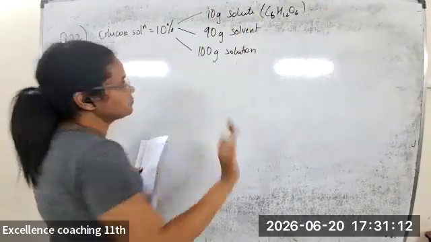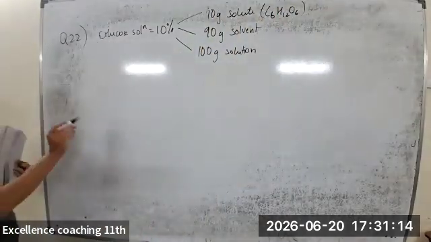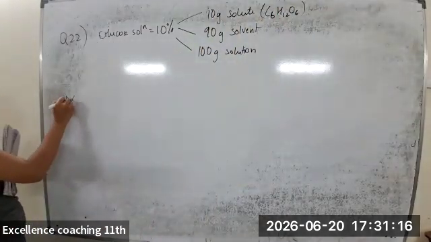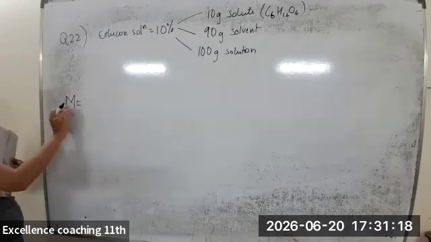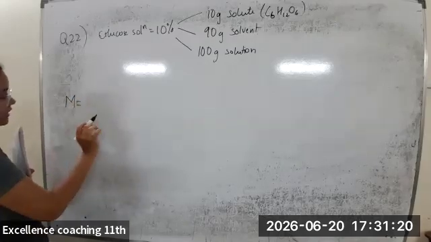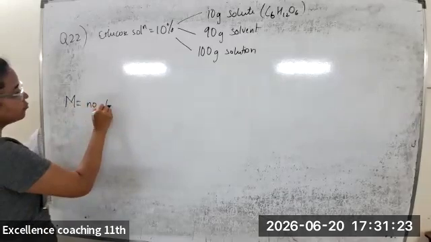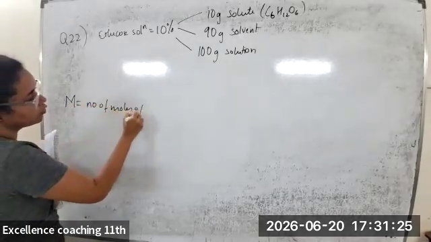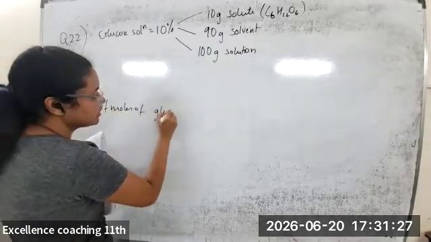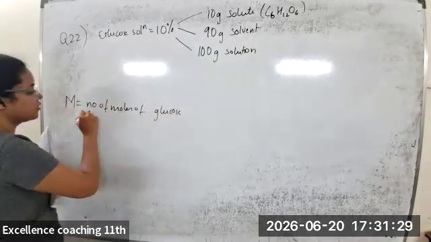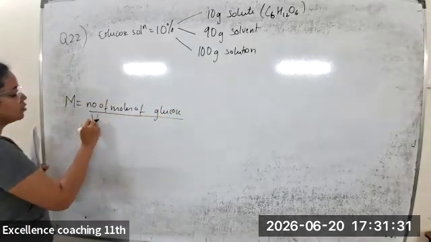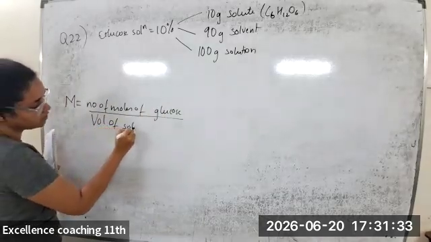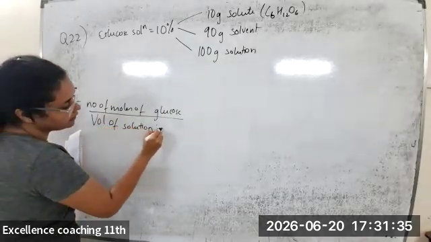Okay, done? Now, if I see all the formulas, first one I'll do as molarity, that is the number of moles of, in this case, glucose. You can specifically write glucose upon volume of solution in liters.